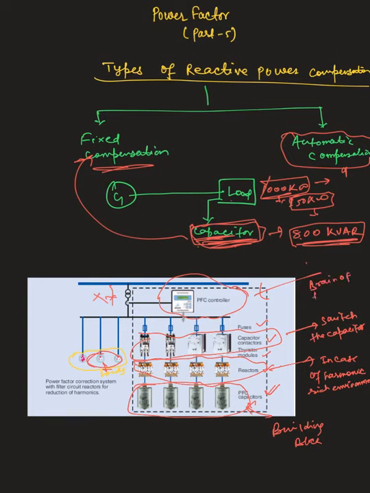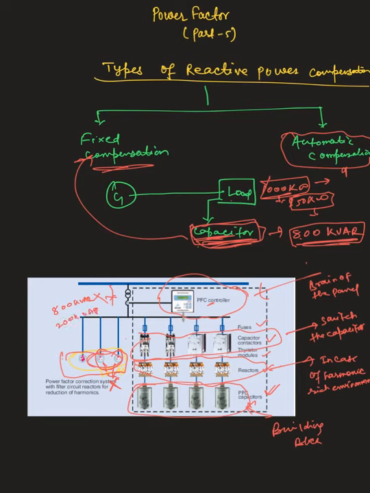This is very important. This power factor controller automatically senses the kVAR requirement of the load. Suppose there are 3 loads connected here. Now at this point, let's say all the 3 loads are operating and the kVAR requirement is 800 kVAR. After some time, these 2 motors get switched off. There is no requirement of these 2 motors, so the kVAR requirement dropped down to 200 kVAR.